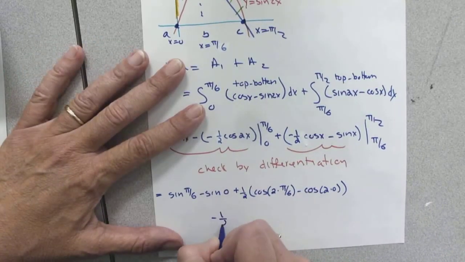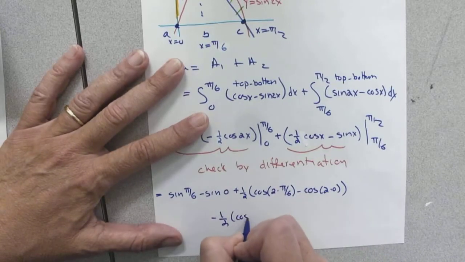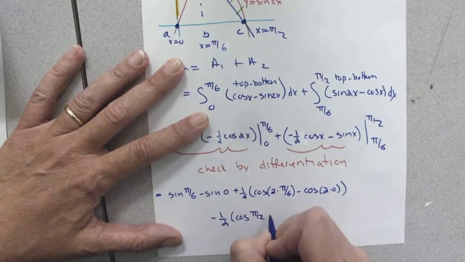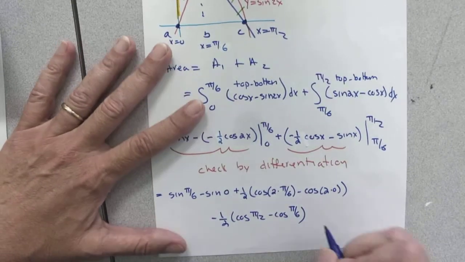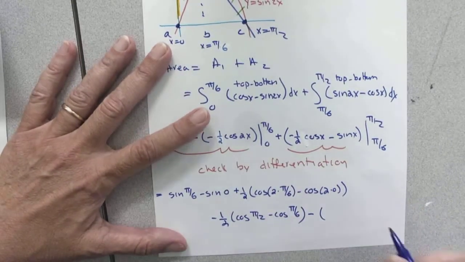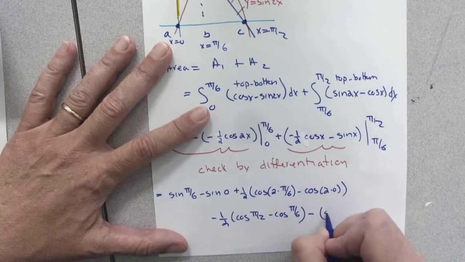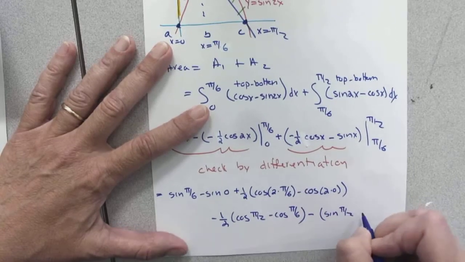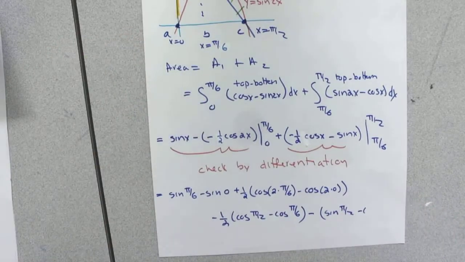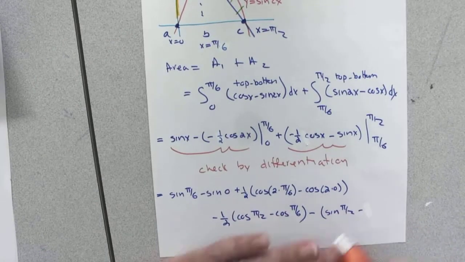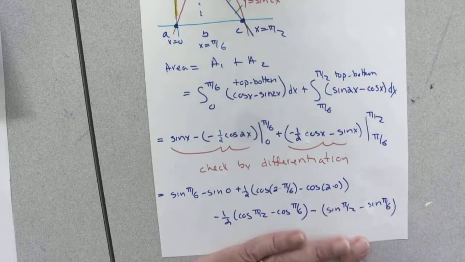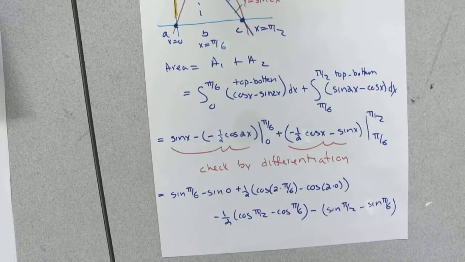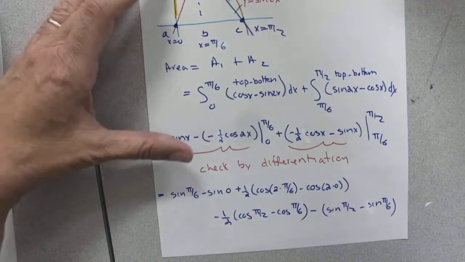And so then this is going to be minus 1/2 cosine of pi over 2 minus cosine of pi over 6, and then minus parentheses sine of pi over 2 minus sine of pi over 6. And then keep going.